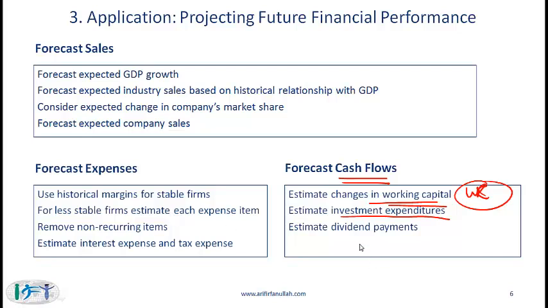We need to estimate dividend payments and so on. Again, these are just high level points. With this information, we can then project the cash flow for a given company. The level of analysis presented here is simplistic, but from an exam perspective, this should be reasonable.